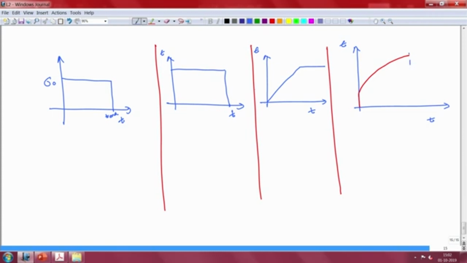Let us say this is the T end here, and I am going to leave you with this for the next class. Okay. I want you to try and figure out what this response is going to be, and in the next class we are going to see what it really is.